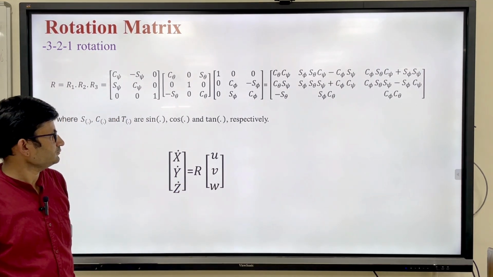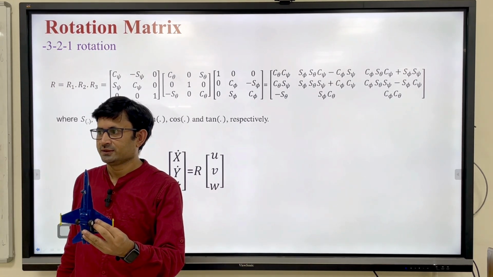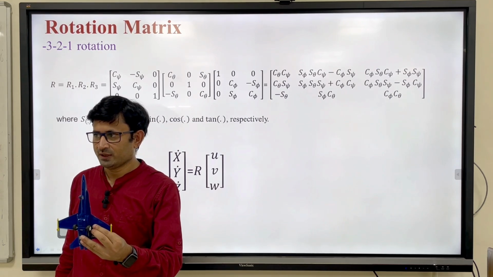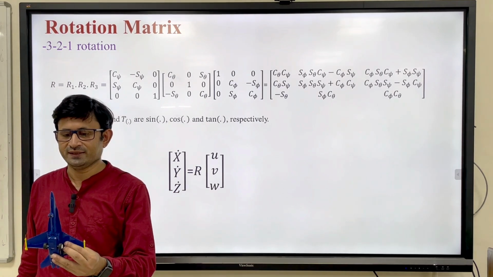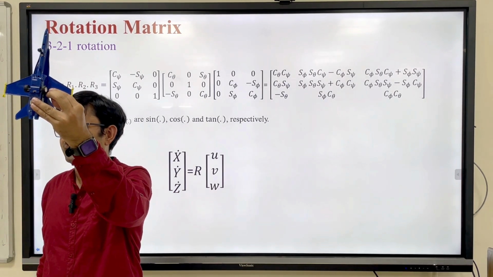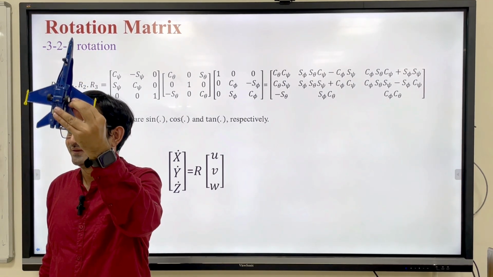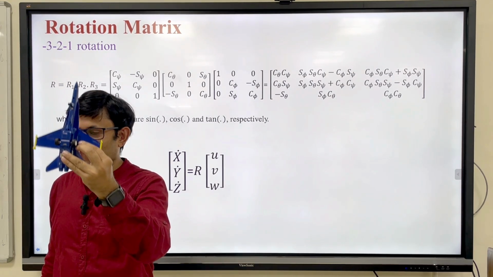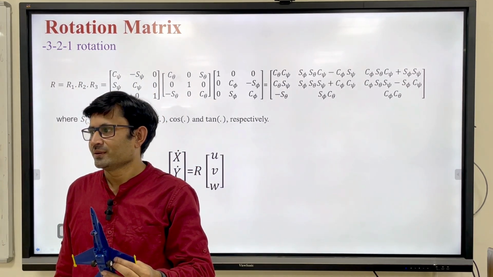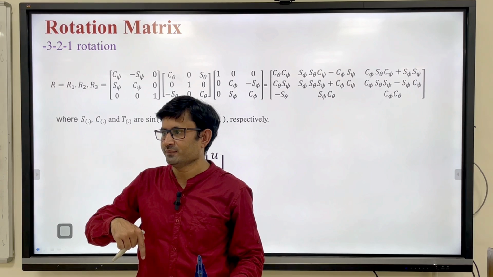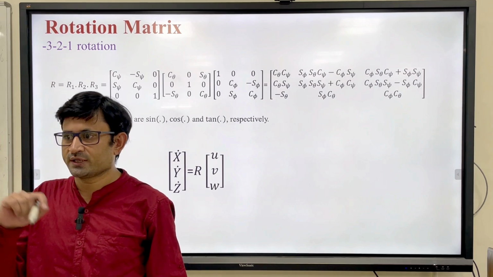If theta is 90 degrees and there is no roll, you are going in this direction, and according to inertial, this is what? Minus z axis. So actually you are moving in the body axis, but when you see from the inertial frame, you are moving along the minus z axis. So that is the importance of the rotation matrix.